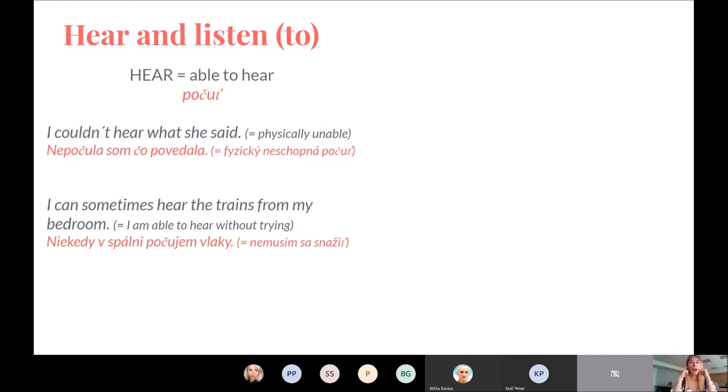You are physically unable to hear something. Okay, maybe she was speaking very quietly, but you were physically unable. I couldn't hear. Or in a second example sentence, I can sometimes hear the trains from my bedroom. So you are just sitting in your bedroom and you don't have to do anything and you hear those sounds.